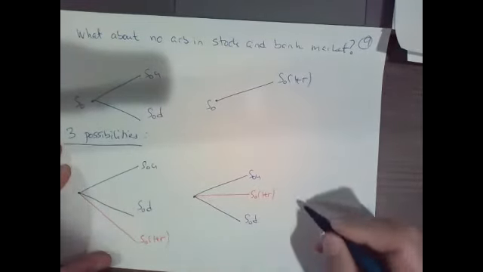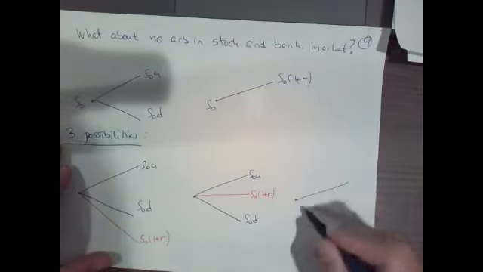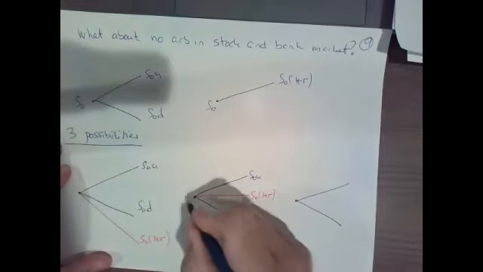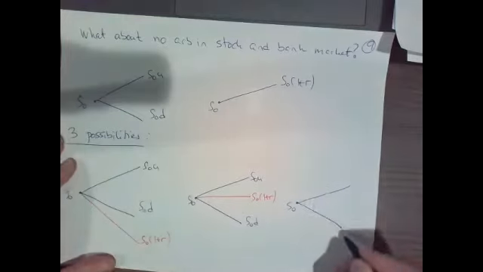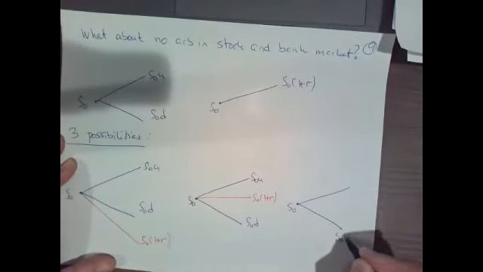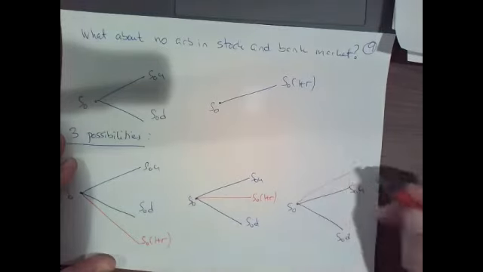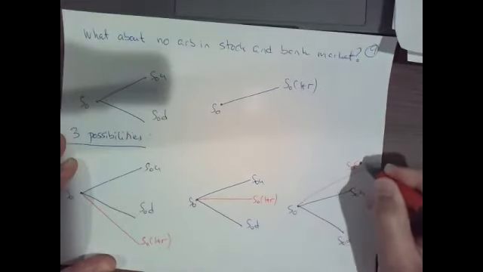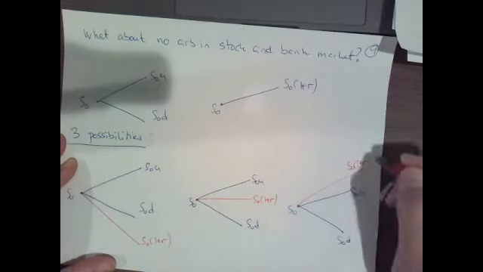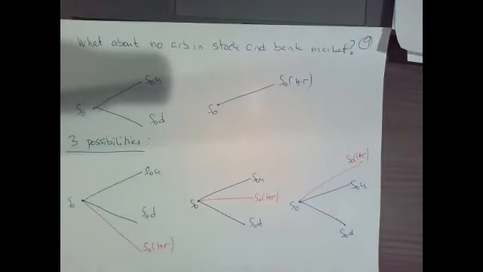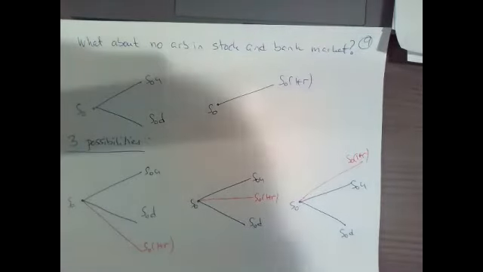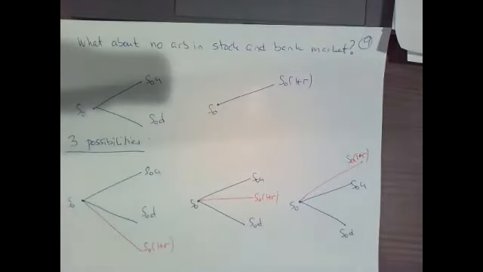And then the third one would be this one. Okay, so those are the possibilities I can think of. When is there arbitrage? When is there no arbitrage?